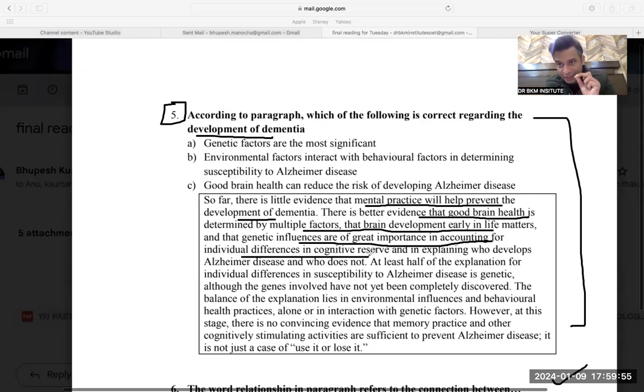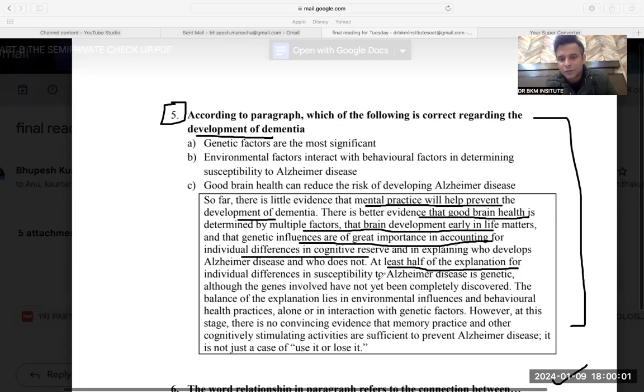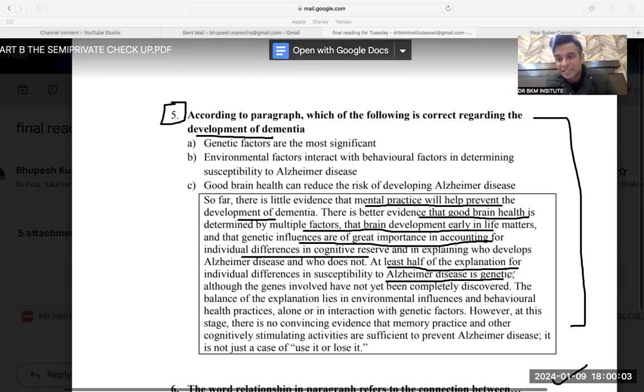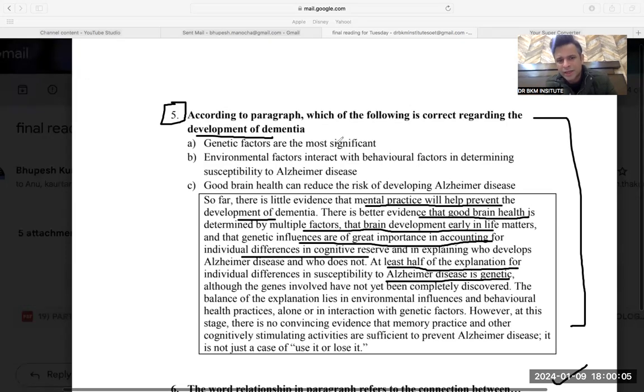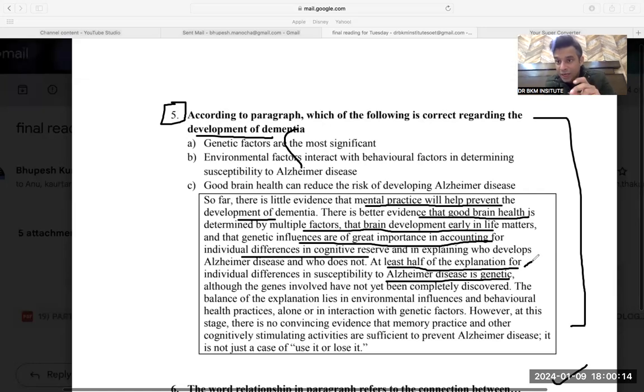So genetics is of great importance. Then it said at least half of the explanation for susceptibility to Alzheimer's is genetic. So they have taken the words dementia and Alzheimer's as equivalent. Generally speaking, they were talking about at least half. At least half means at least 50%.